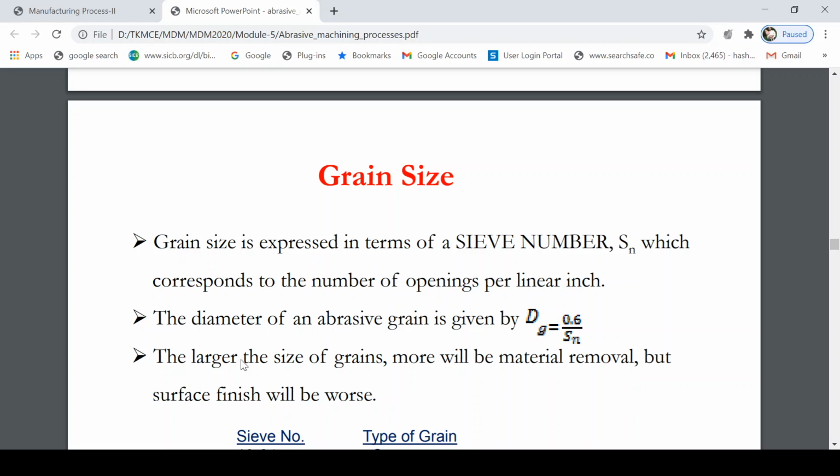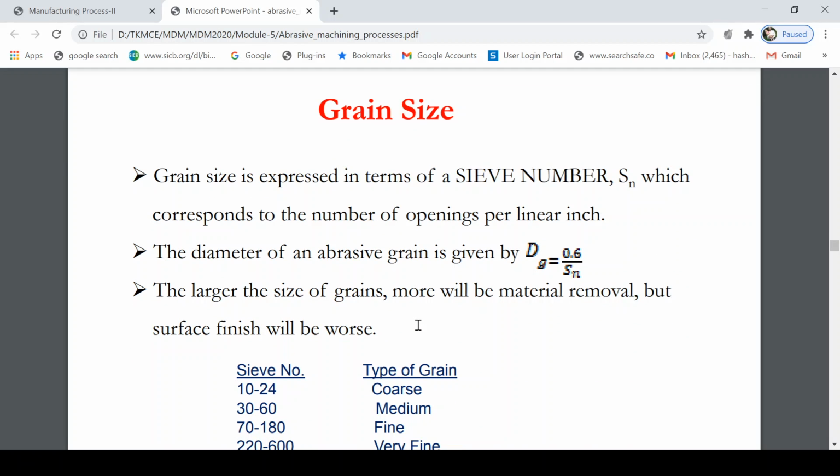The diameter of an abrasive grain is given by dg equal to 0.6 divided by Sn. The larger the grains, the more the material removal, but the surface finish will be less. So when the grain size increases, the sieve number decreases, and the metal removal rate will be larger, but the surface finish will be less.